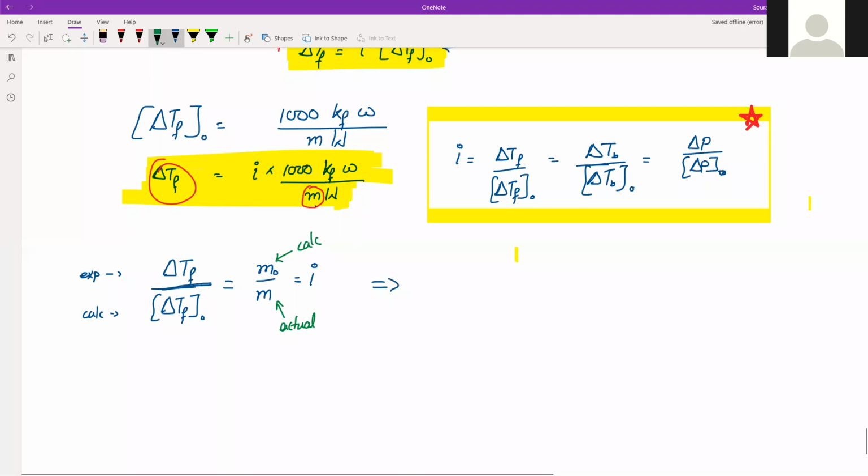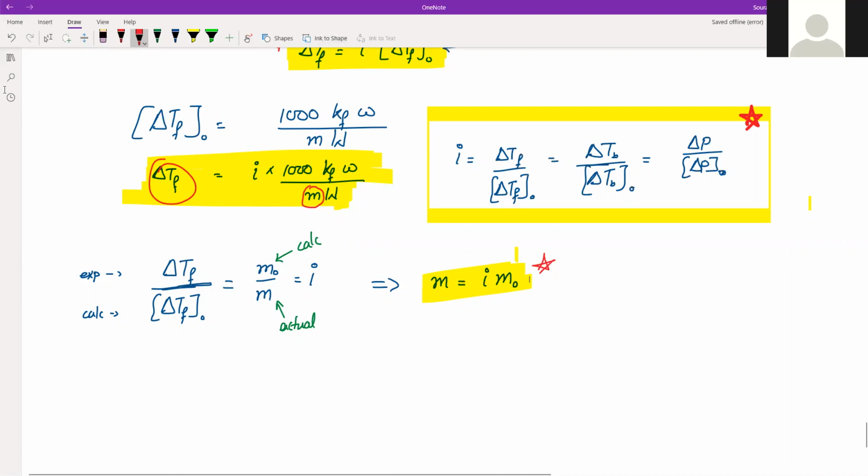So we can say that this molecular mass is equal to I into m naught, that is the calculated molar mass. So even this is multiplied by the same factor. m naught is the calculated one and m is the molecular mass from the observed data.